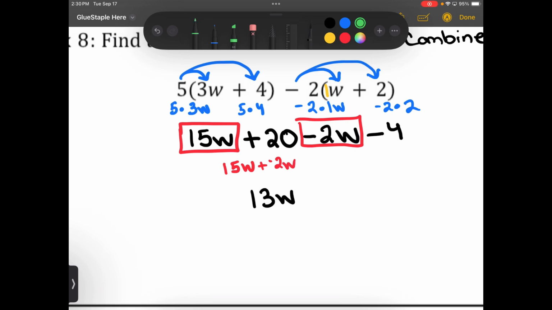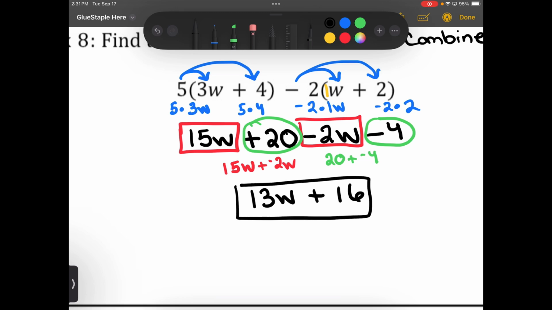So now we have to do constant 20 plus our other constant -4. Positive 16. Remember, you know you have simplified when there are no like terms. And are there any parentheses? This is your final answer.